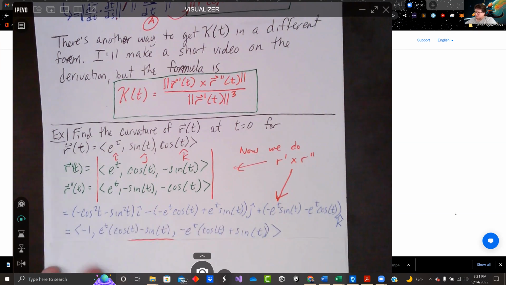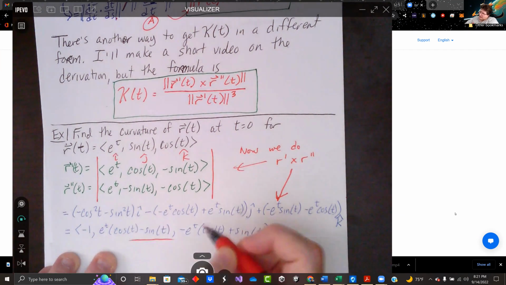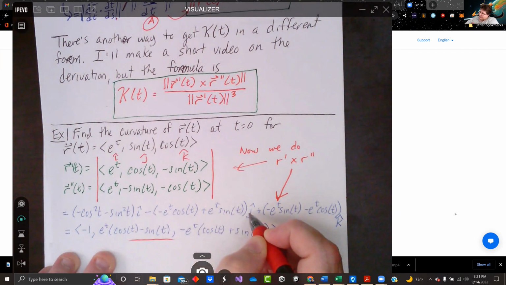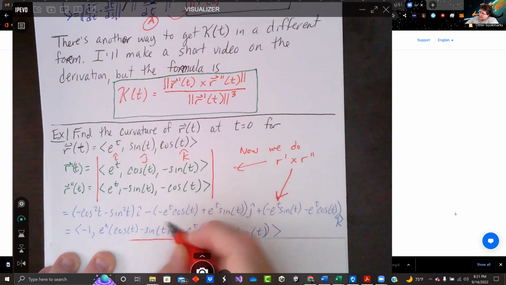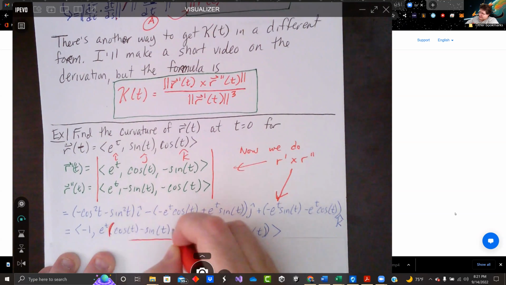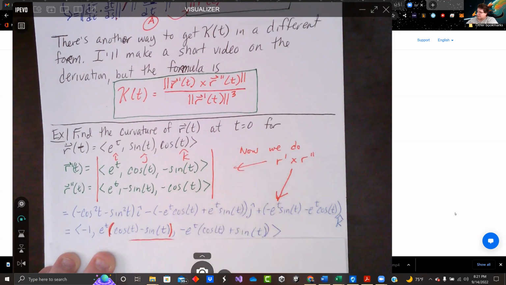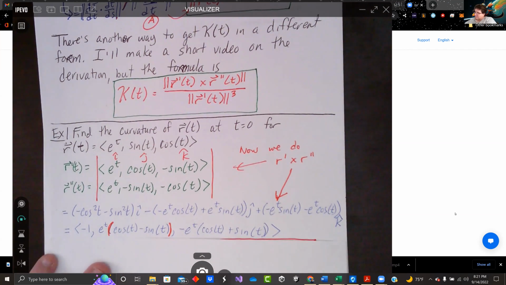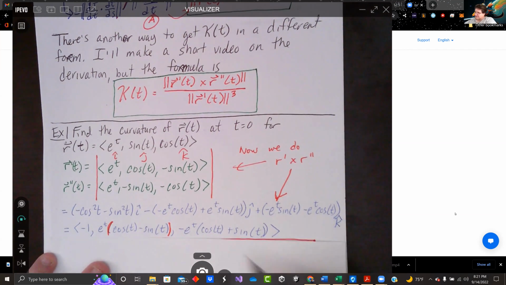Cleaning that up, for the i component, if we factor out a negative 1, we have cosine squared plus sine squared. We are back to the good old negative 1 there. For the j component, I distributed the negative, and then I factored out the e to the t for demonstration purposes. And then our k component, they both have negative e to the t, so I factored that out.